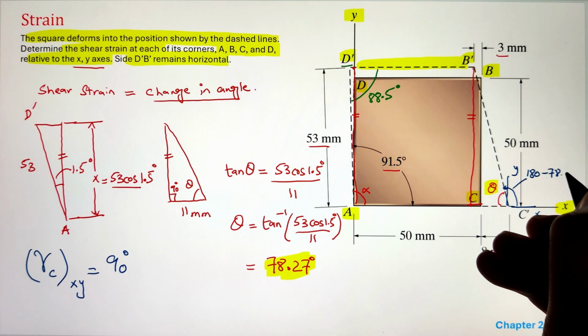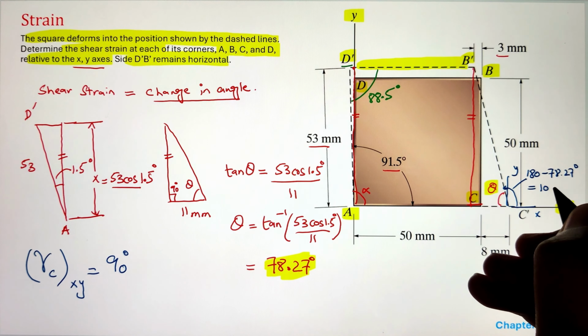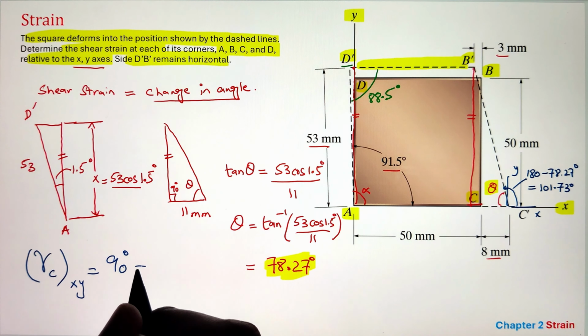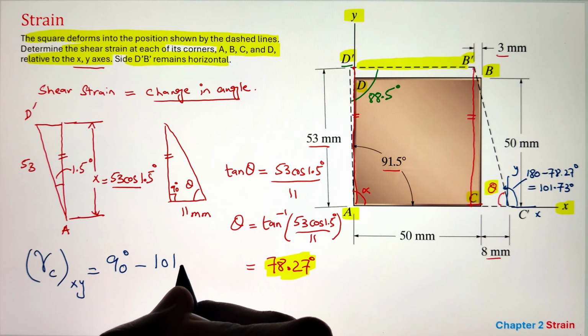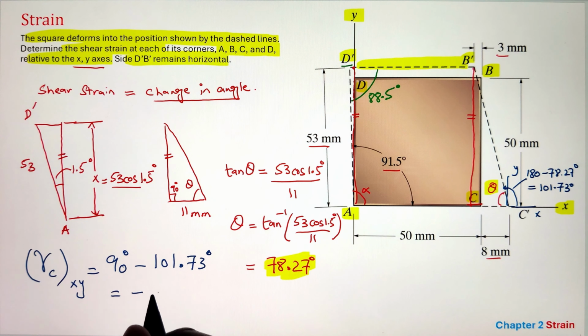The initial angle was 90 degrees, whereas the new angle with respect to the xy axis, measuring from the positive x-axis counterclockwise, is 180 degrees minus 78.27, that is 101.73.